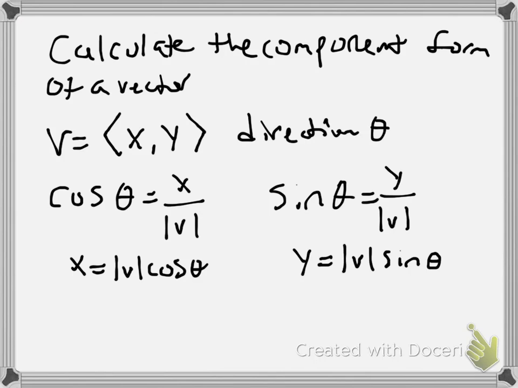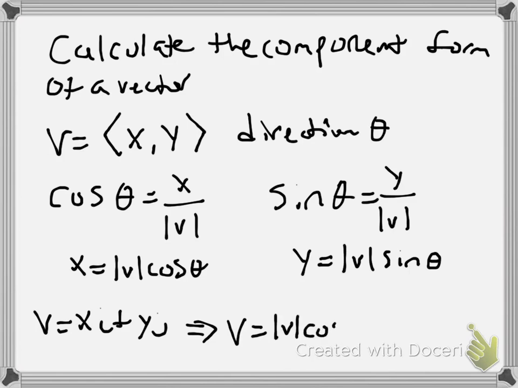So instead of writing x, we could rewrite this as the magnitude cosine of theta i plus the magnitude sine of theta j.